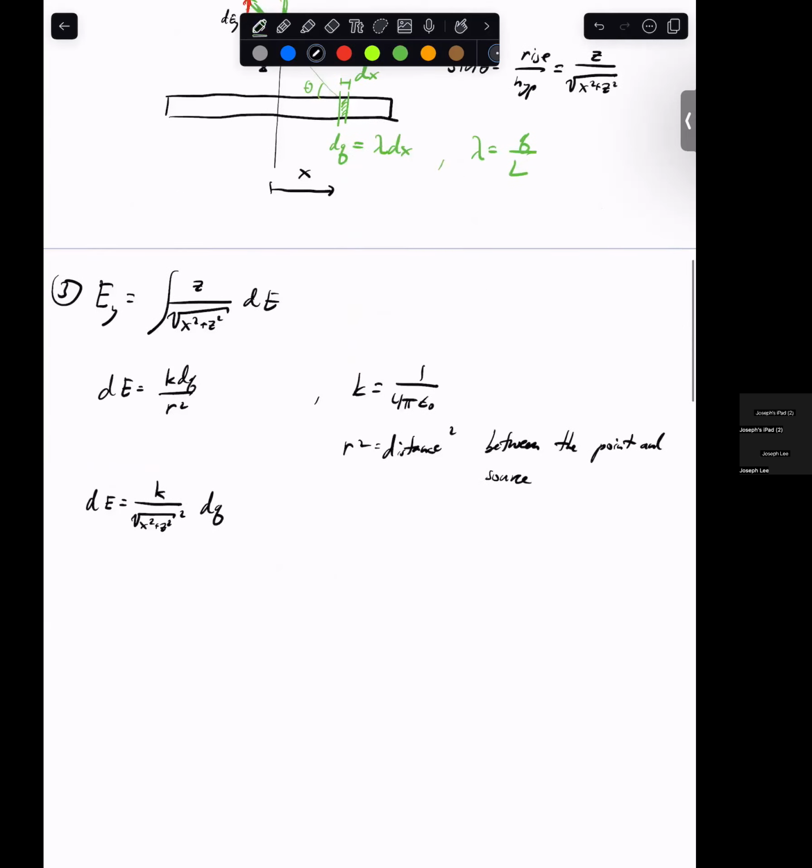So in that case, we get dE is equal to k over the square root of x squared plus z squared, squared. And now dq, I'm going to write in terms of lambda, just to keep things simple, lambda dx.